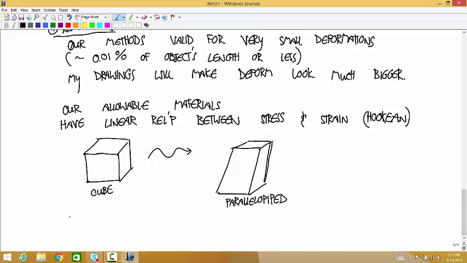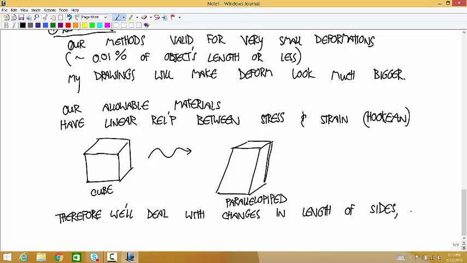And so our deformations are going to deal with length changes and angle changes. So we'll deal with changes in side length, edge length, and the length of sides, and we'll deal with changes in the angle between sides.